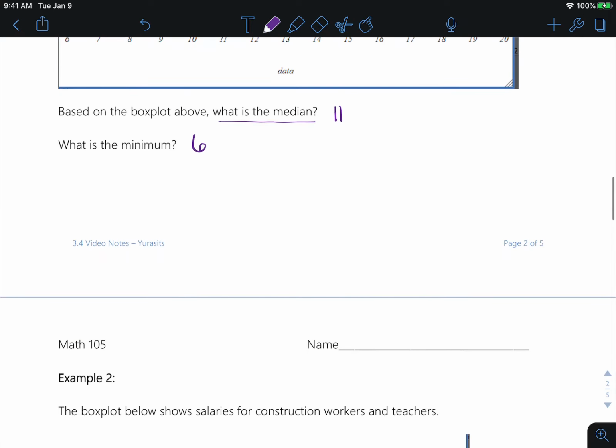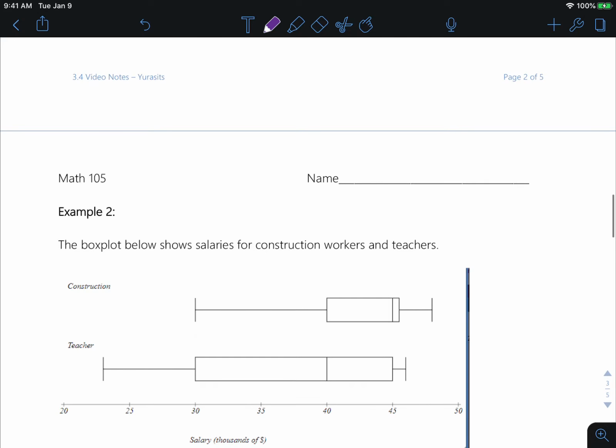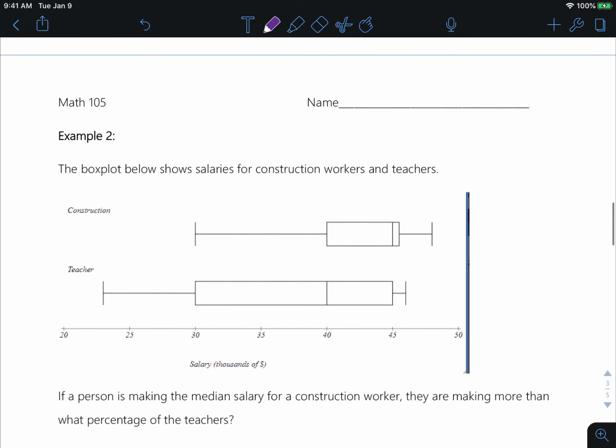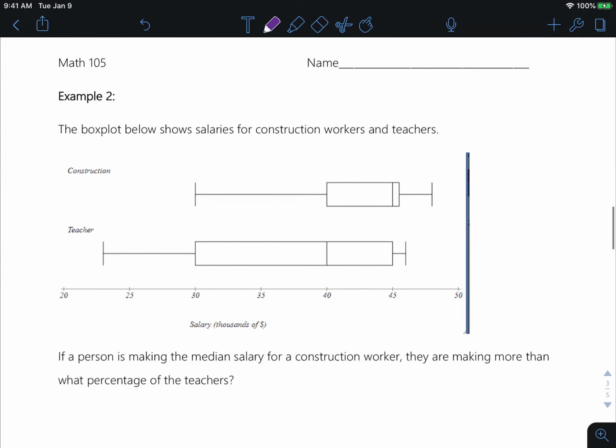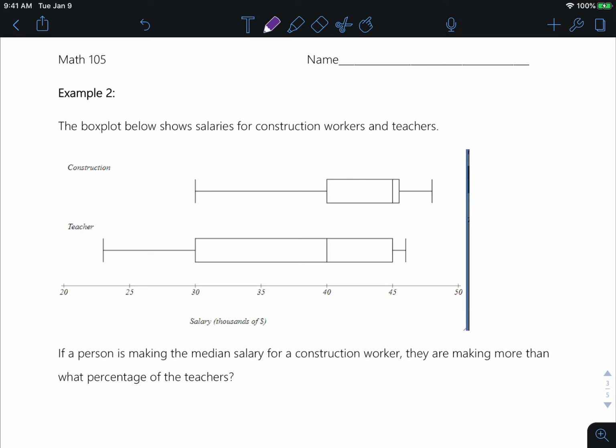Now the next example says, the box plot below shows salaries for construction workers and teachers. So let's make some notes. The minimum a construction worker makes, it's in thousands, looks like 30,000.